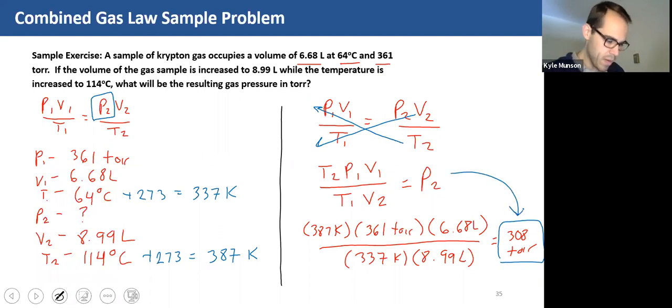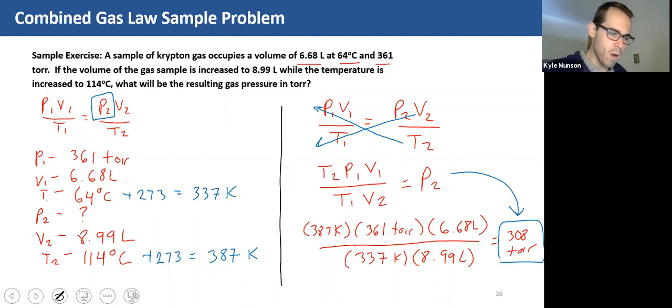Let me just put that in my calculator one more time. It's always a good habit to do that. So 386 times 361 times 6.68 divided by 337 divided by 8.99. And that's what I get, 308 torr.